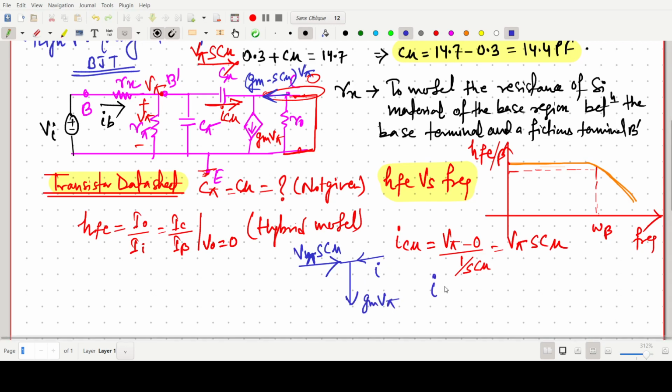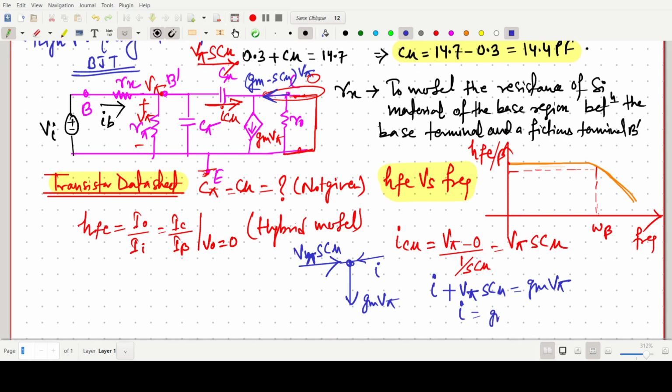So we can write I plus V pi S C mu, the total incoming current at that point, equals GM V pi. So I will be simply GM minus S C mu times V pi, this current.